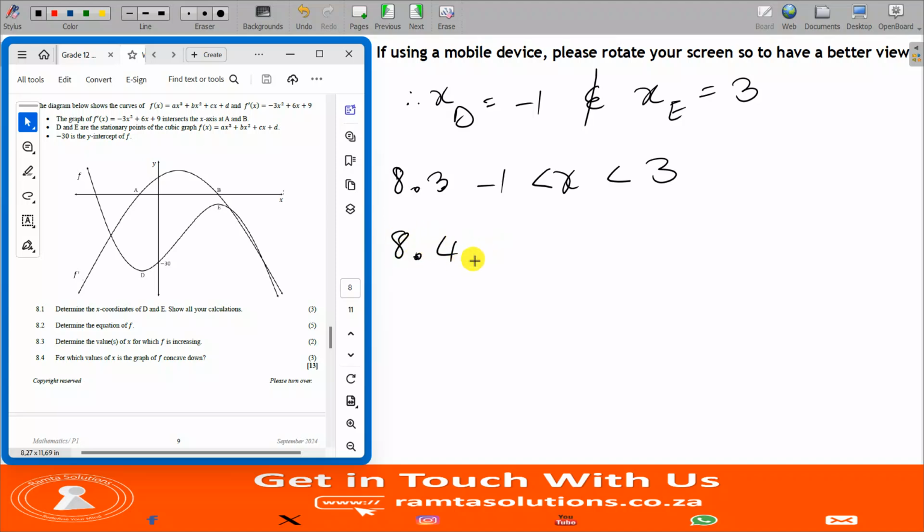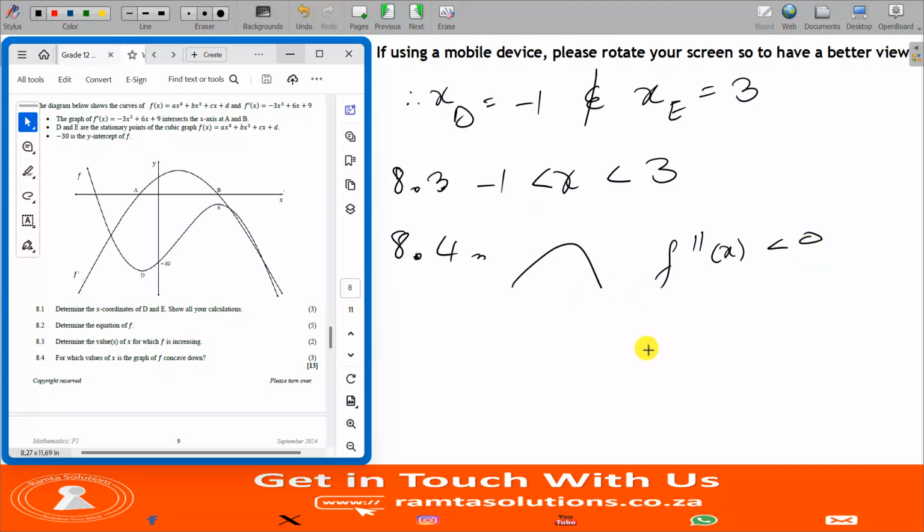Perfect. 8.4, for which values of x is the graph of this concave down? For it to be concave down, it must be like this, right? So you can say this is where the second derivative is less than 0.